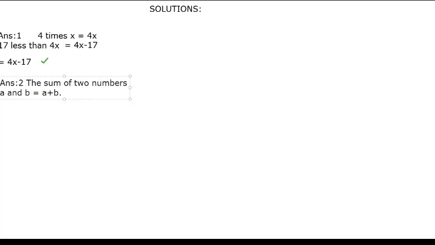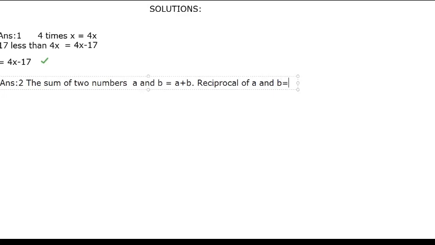So, reciprocal of A and B. Oh my gosh, this is getting so crammed here. Reciprocal of A and B. This is really important: what does reciprocal mean?